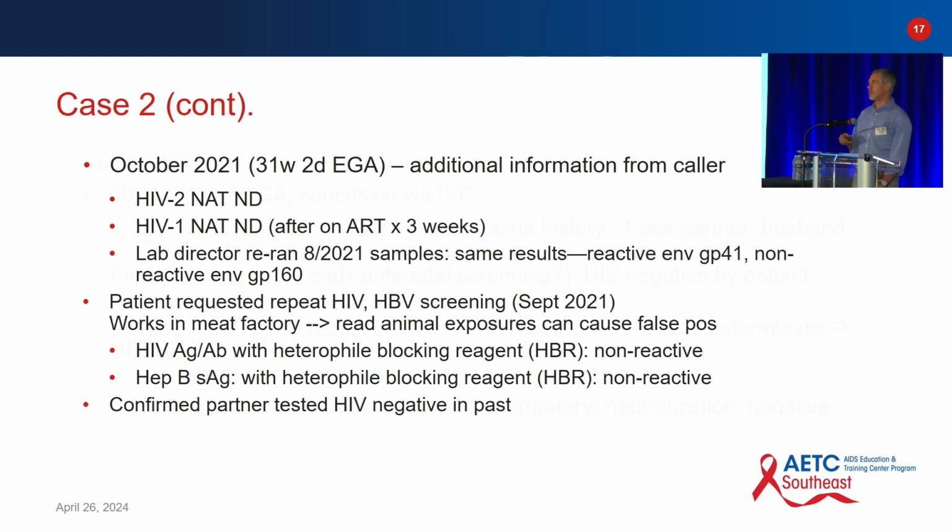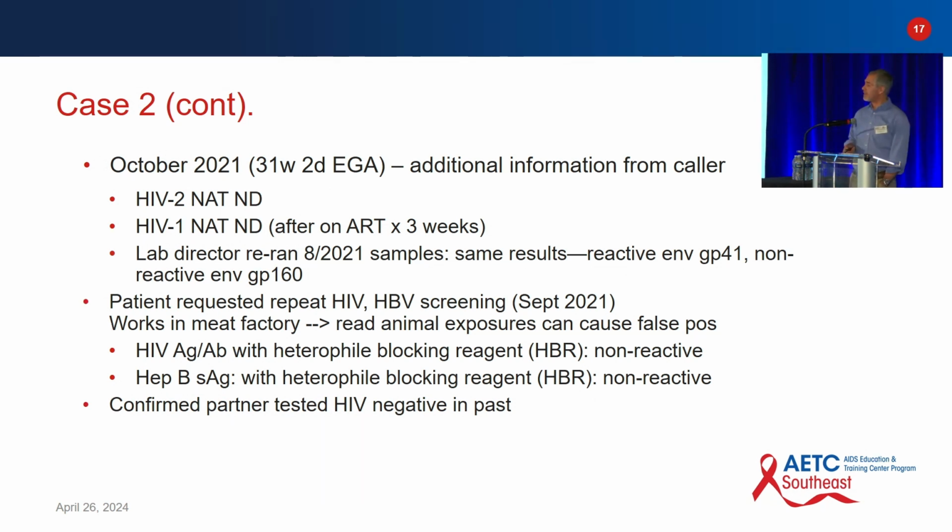He also did what I'm going to call, for the sake of simplicity, a modified Western blot. That modified Western blot showed a positive GP41 envelope protein, but a negative GP160. And without getting into all the nitty-gritty details of protein band interpretation, this would basically be interpreted as an indeterminate result. He also noted that at a previous visit before the call, the patient had requested repeat testing because she works in a meat factory.